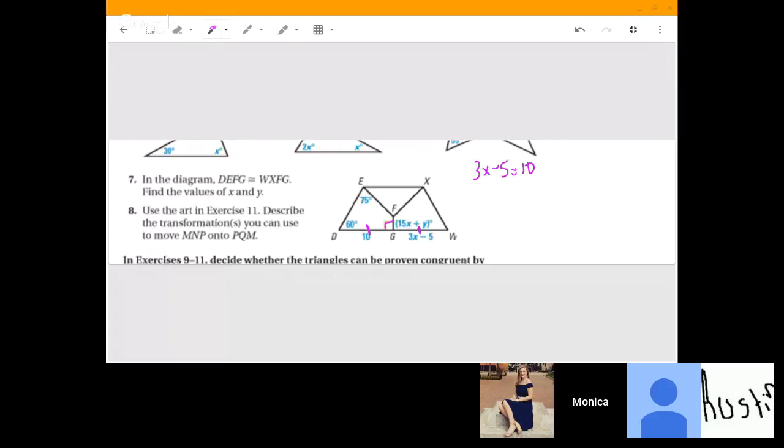Yeah, Natalie, that's right. Sorry, I was on the other screen. So 3x minus 5 does equal 10, and then you can solve for x that way. And the reason that you know that is because it tells you that those two shapes are congruent, and you know corresponding parts of congruent shapes are congruent.